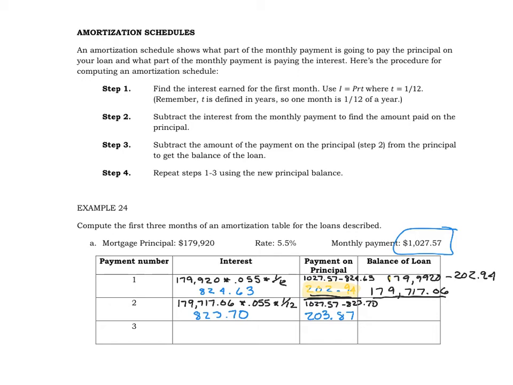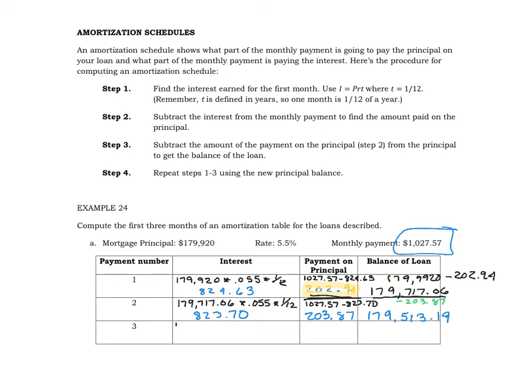So I'm going to take this new balance right here, and I'm going to subtract from that my principal payment, so minus $203.87. And so my new balance of the loan is going to be $179,513.19.